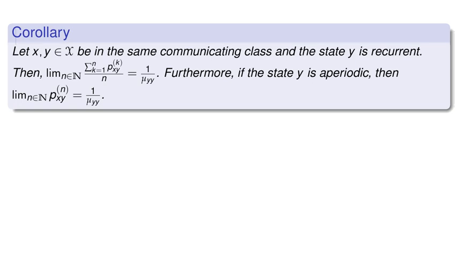Furthermore, if state y is also aperiodic, then the limit as n approaches infinity of p_xy^n is equal to 1 over mu_yy.